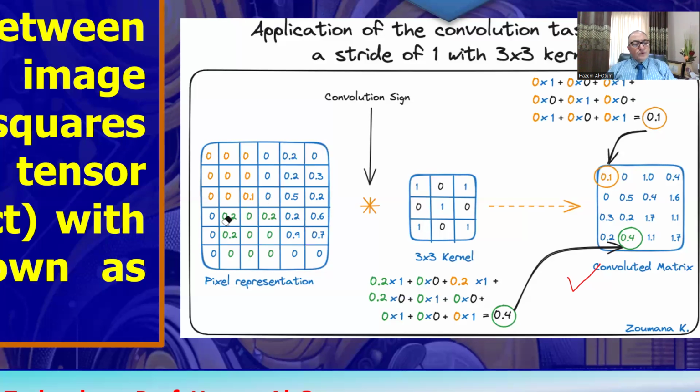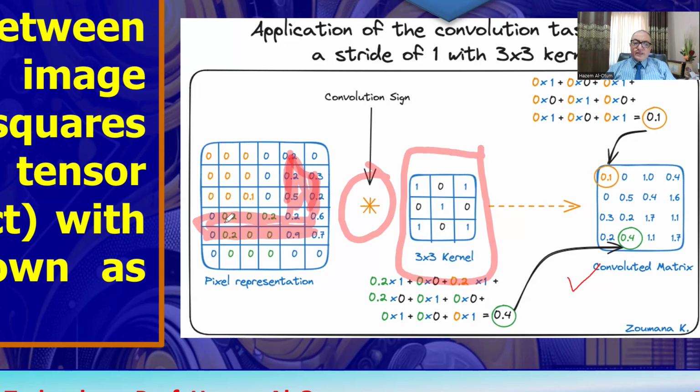Here we have a part of it, a part of the image itself. So we have something very similar here, and we just need to apply the dot product with a kernel matrix. Here we call this the kernel matrix or convolution matrix, but this is the output, of course.